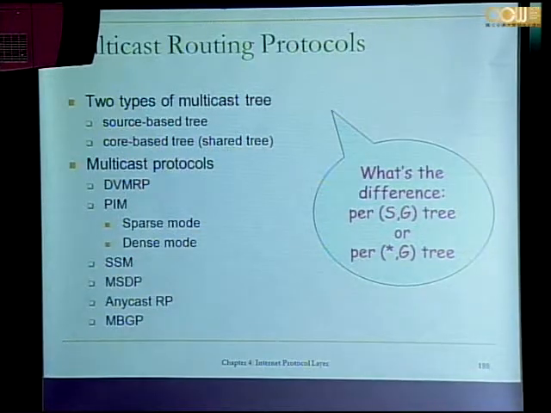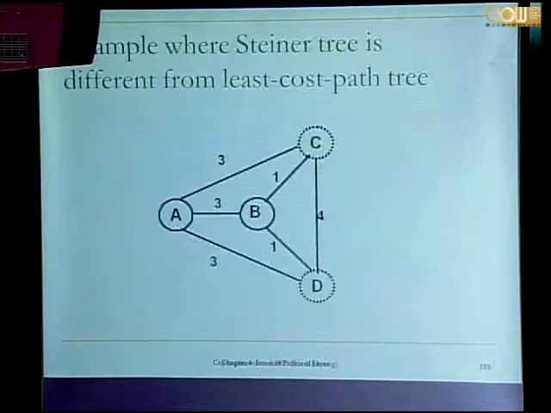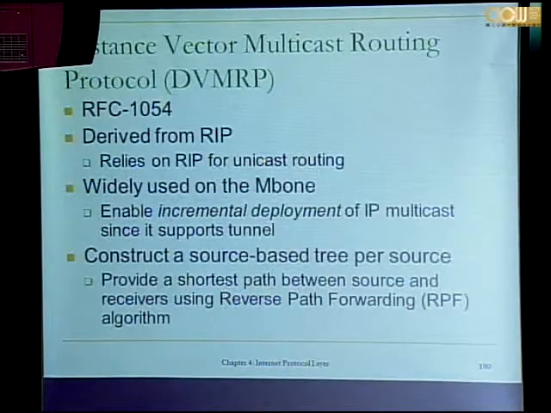And let's look at the DVMRP first. It is derived from RIP, which is unicast routing. And DVMRP is widely used on MBONE, which is a real multicast backbone on the internet.